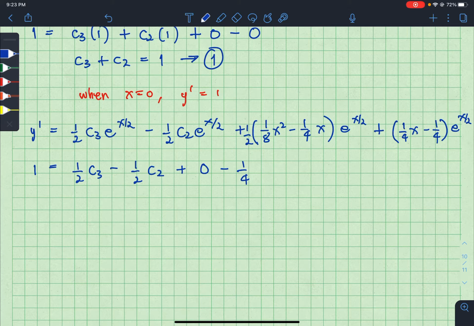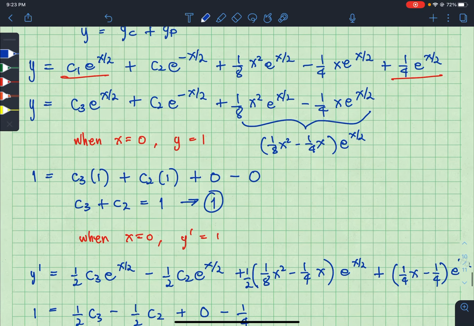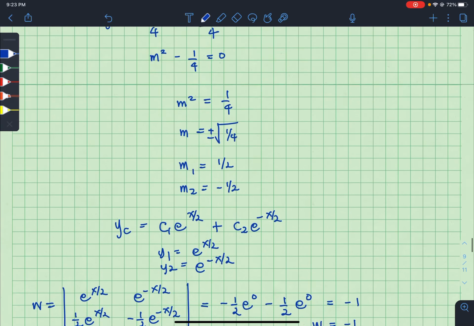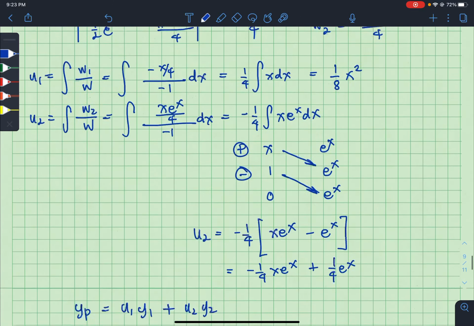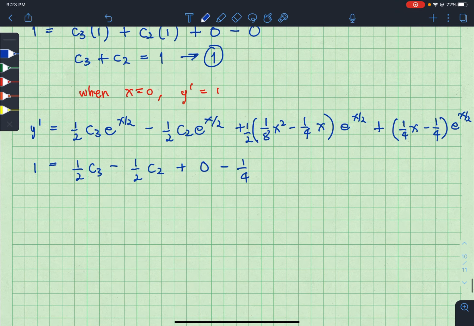So we have 1/2 c3 minus... for our initial value, we have that when x is 0, y prime is 0 as well. So that should be 0, this is 0 as well, and then this is 0.